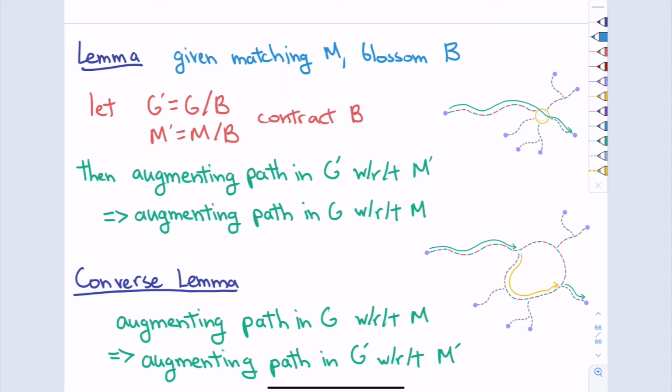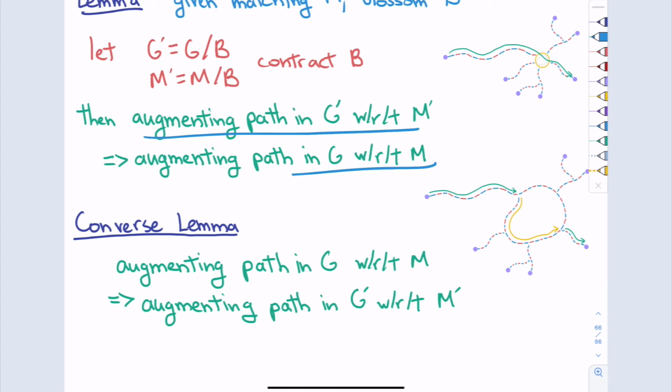Okay, so if you have an augmenting path in this contracted graph, you can always lift it to an augmenting path in the original graph. And vice versa, any augmenting path in the original graph, you can contract it because you're entering on a red edge and leaving on a blue edge. And you'll get an augmenting path in the contracted graph. So you'll get this one-to-one relationship between augmenting paths in the original graph.